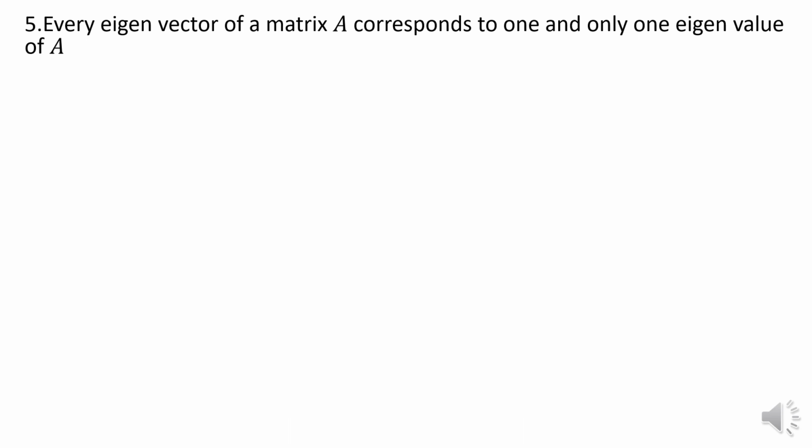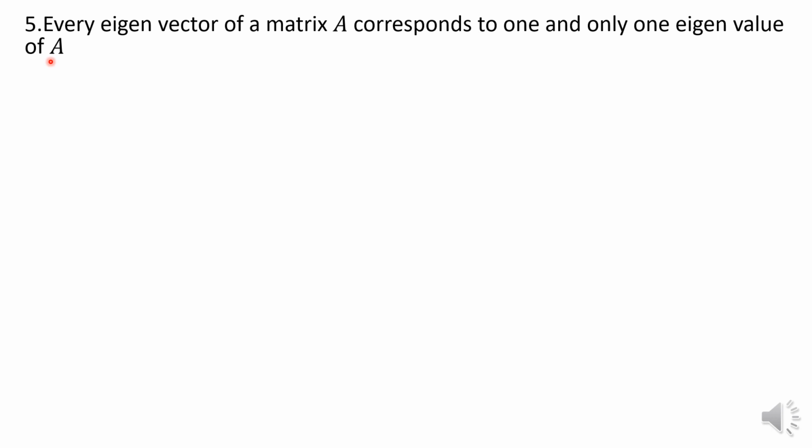Property number 5. Observe this carefully. Every eigenvector of a matrix A corresponds to one and only one eigenvalue of A. Read it carefully. Can anybody tell me the meaning of this?